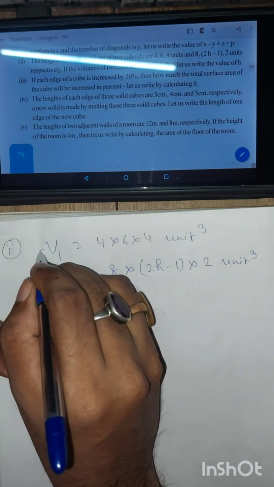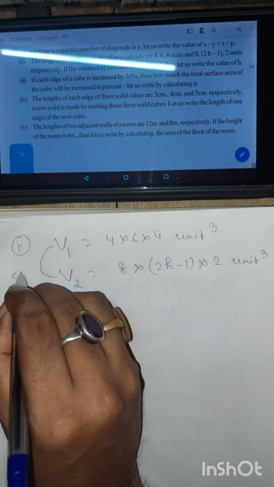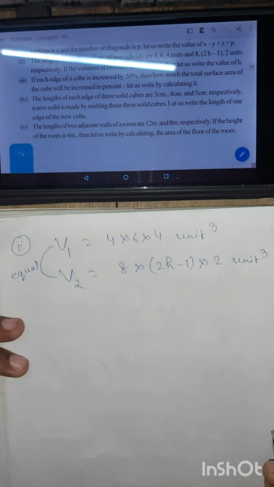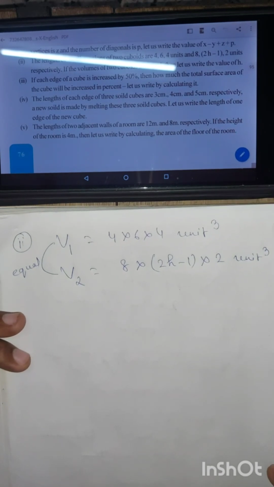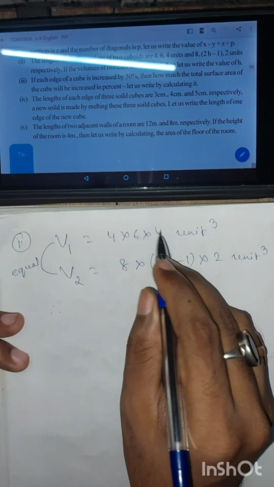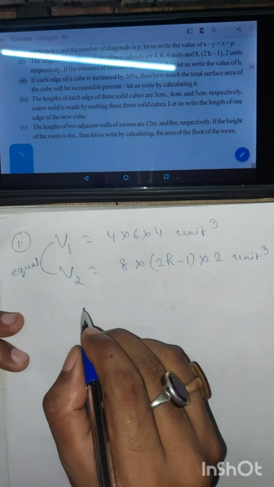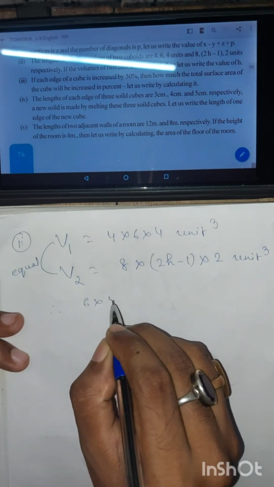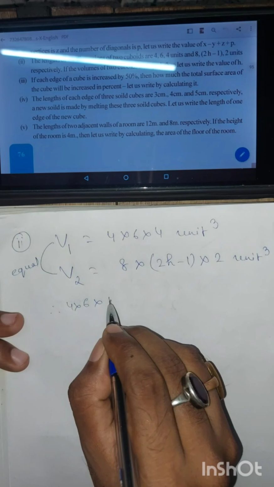But these volumes are equal, it is given. Therefore, we can say 4 into 6 into 4 equals 8 into 2h minus 1 into 2.